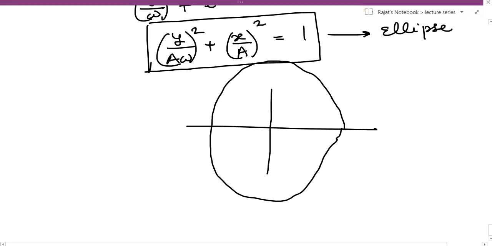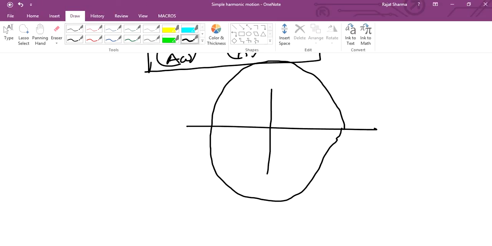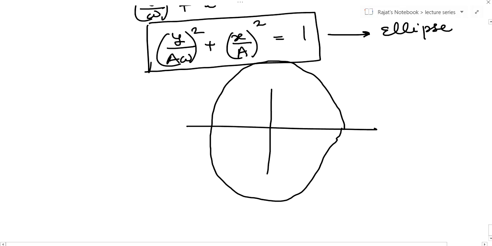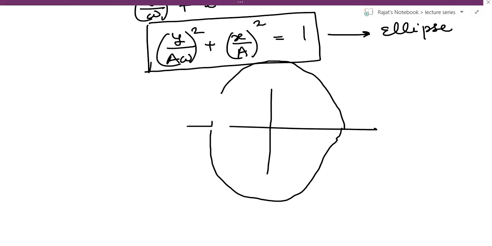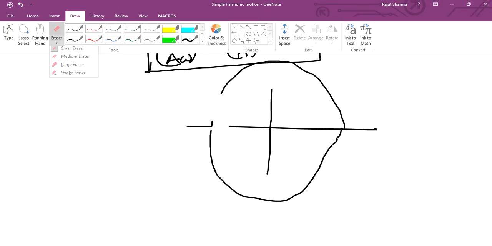I made it really bad. My god, this is going to take forever.